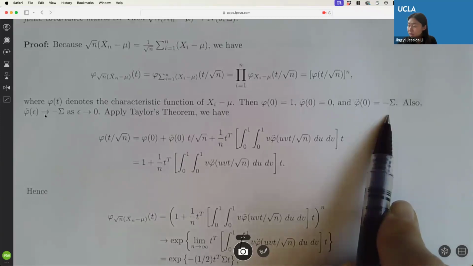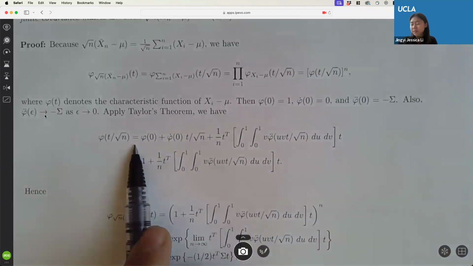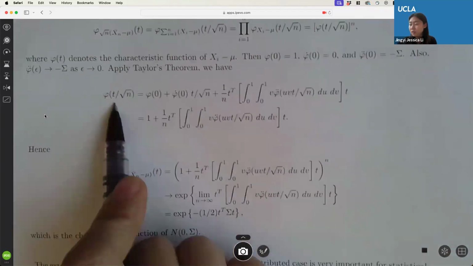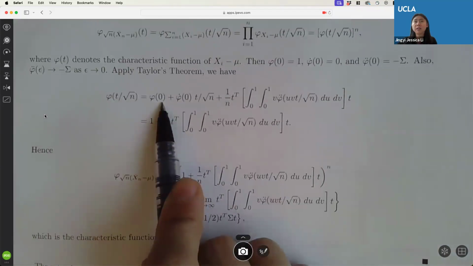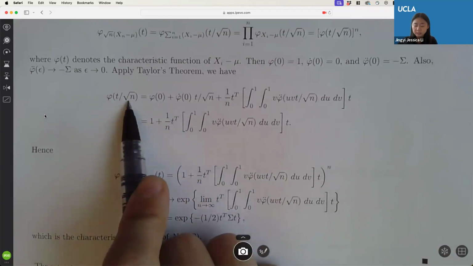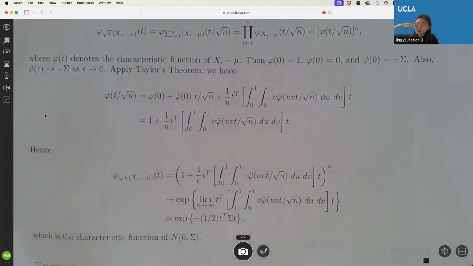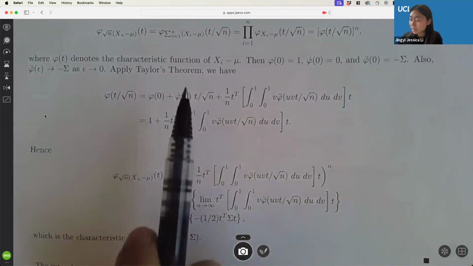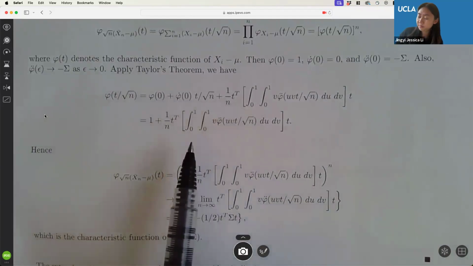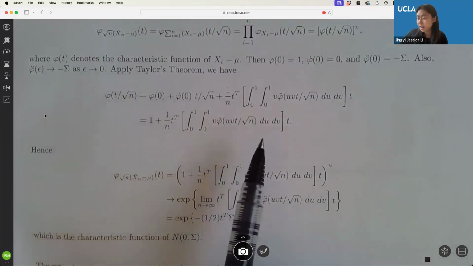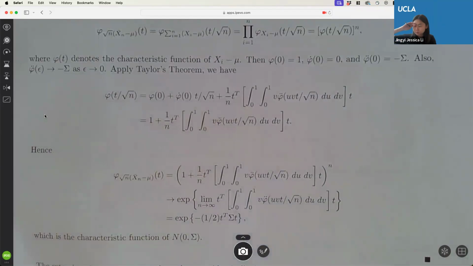And we have Taylor theorem. So essentially, we're just expanding this around 0, because we know as n goes up, this value t over root n will get closer and closer to 0. So we expand it at 0, we do the Taylor theorem, and we get here, right? And finally, we're just applying this important result.